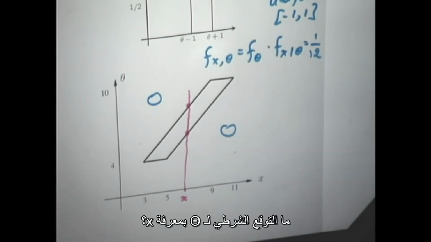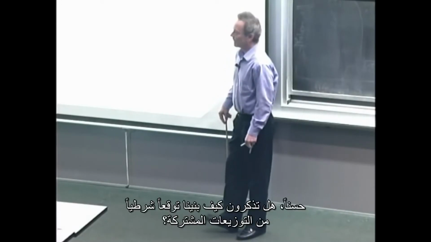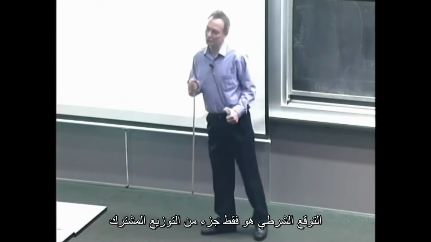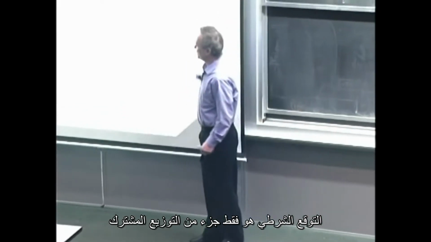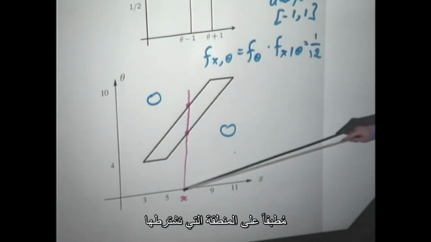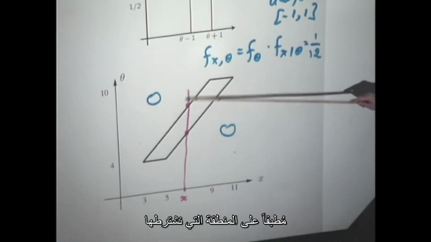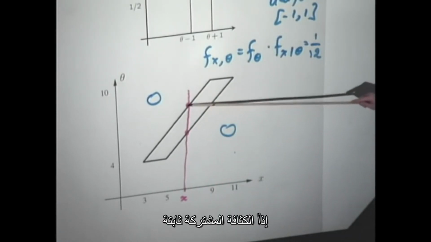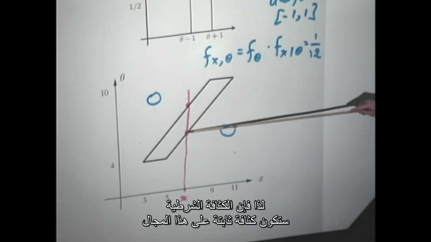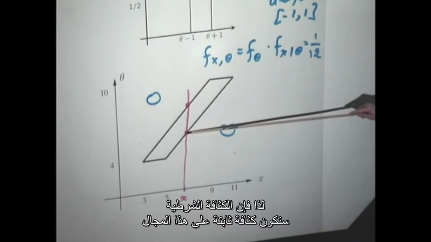What is the conditional distribution of theta given x? Well, remember how we build conditional distributions from joint distributions? The conditional distribution is just a section of the joint distribution applied to the place where we're conditioning. So the joint is constant, so the conditional is also going to be a constant density over this interval.